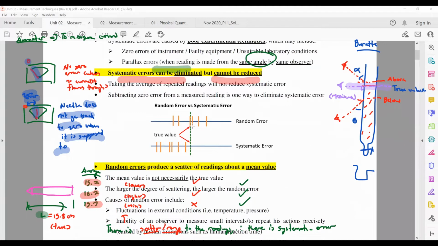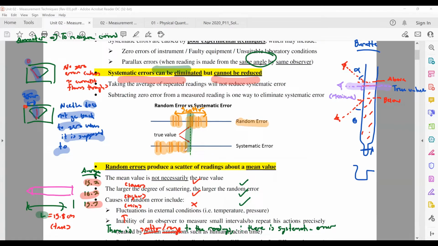Again, if you refer to the diagram above, this one was the true value, and the orange lines are your readings. This one represents your scatter. There's a range in your readings, so this is considered random error.